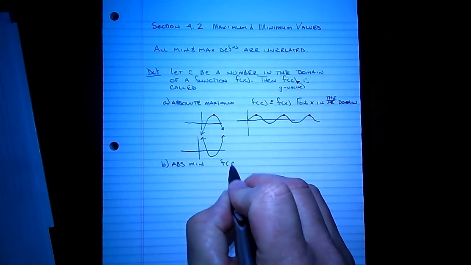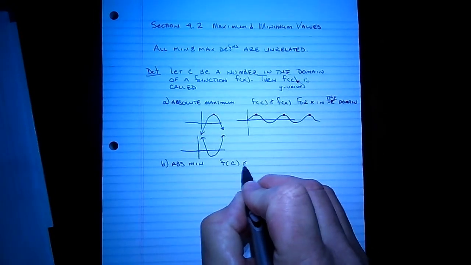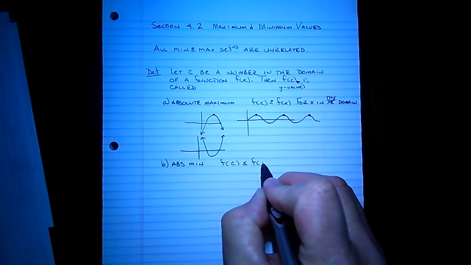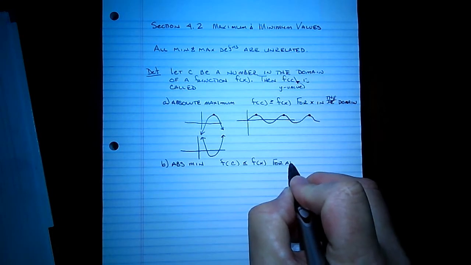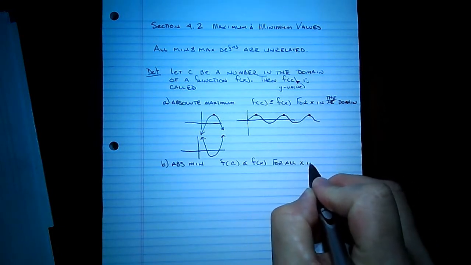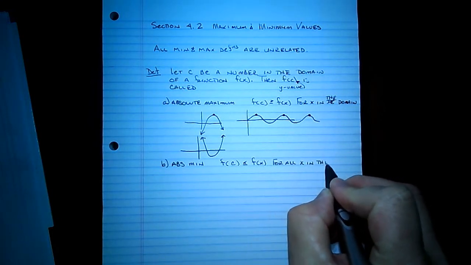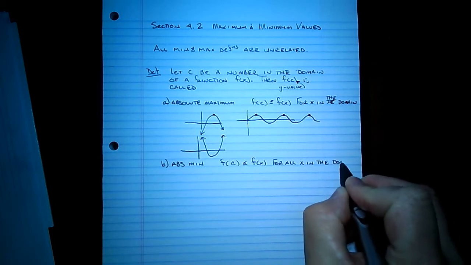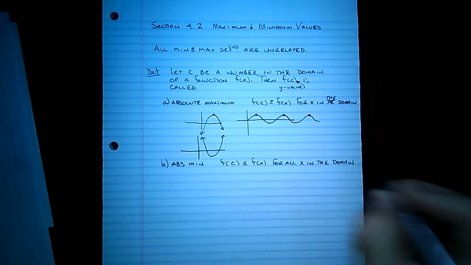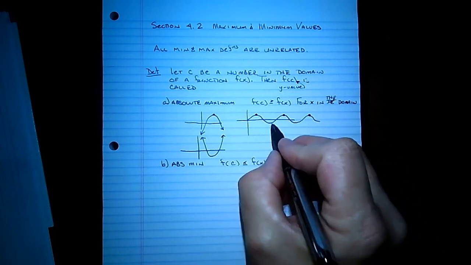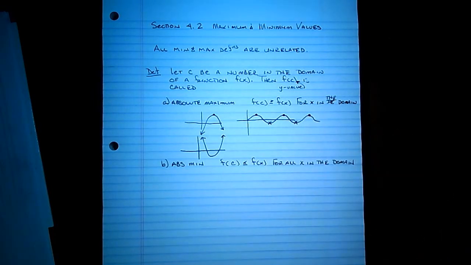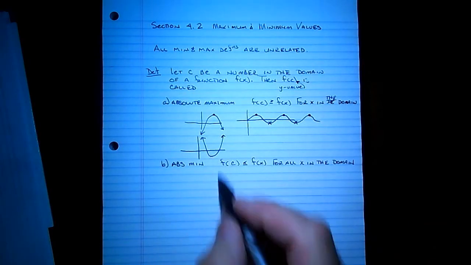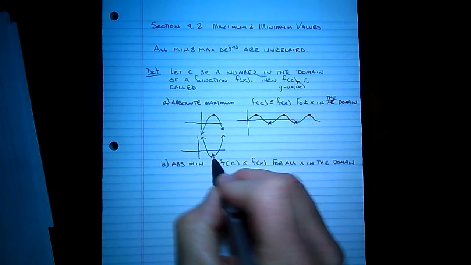It says f of c is less than or equal to f of x for all x in the domain. And as we pointed out, sine has an absolute min here, it has an absolute min here, and it has an infinite number of absolute mins. This parabola, of course, has an absolute min right here.